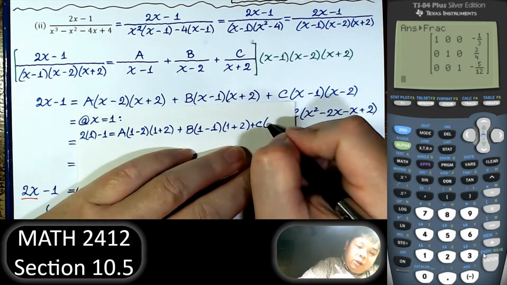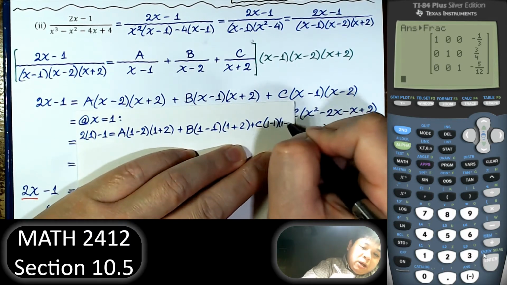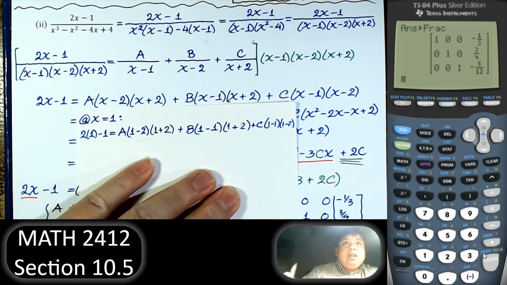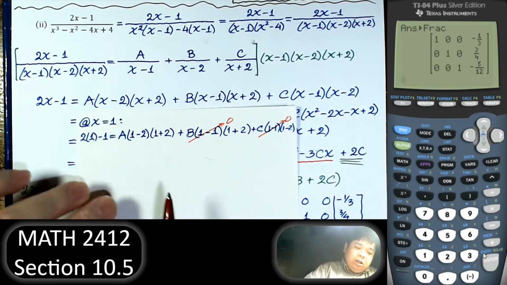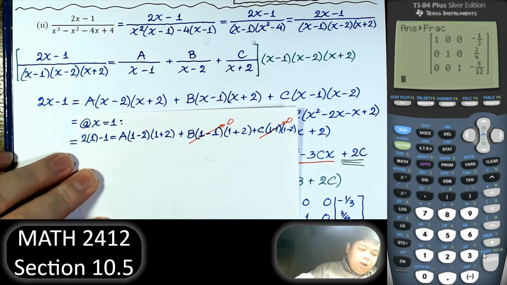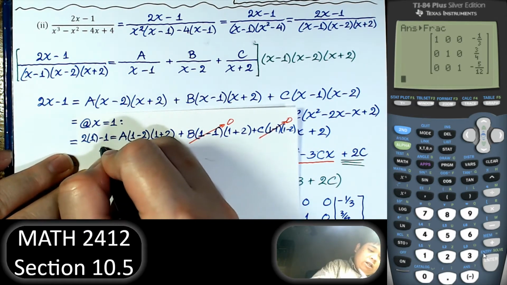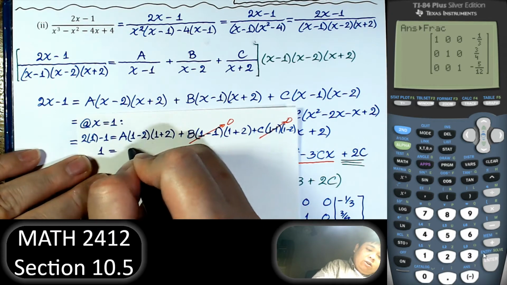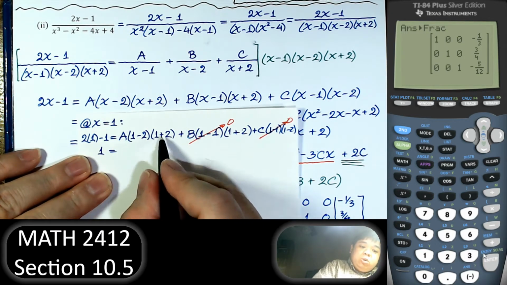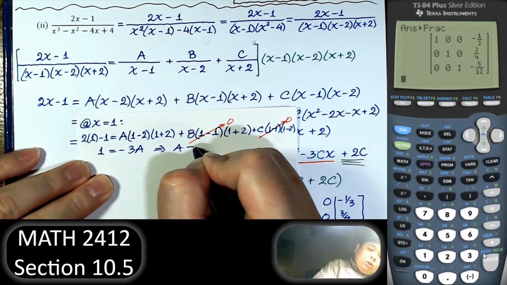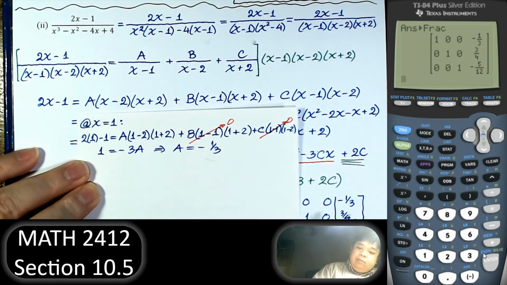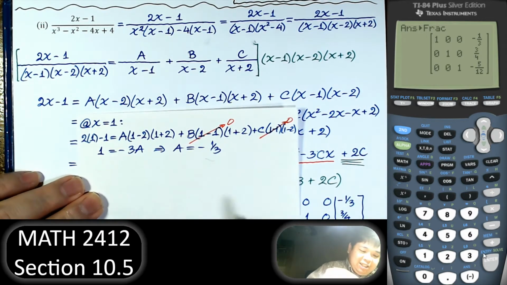C times 1 minus 1, 1 minus 2. The nice thing is that 1 minus 1 is 0. So we just have negative 1 on this side, and on the other side we have negative 1 times 3, so negative 3a. So for this we have a equal to negative 1 over 3. Right. That sounds right.